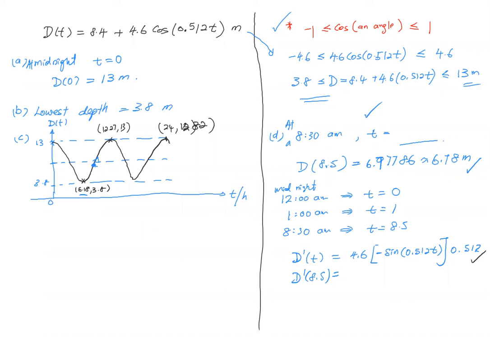You differentiate AD. Then you can use your GC by using math or F and derive. Then you can put in X. Then you call out your Y1. Then you put your X as 8.5.